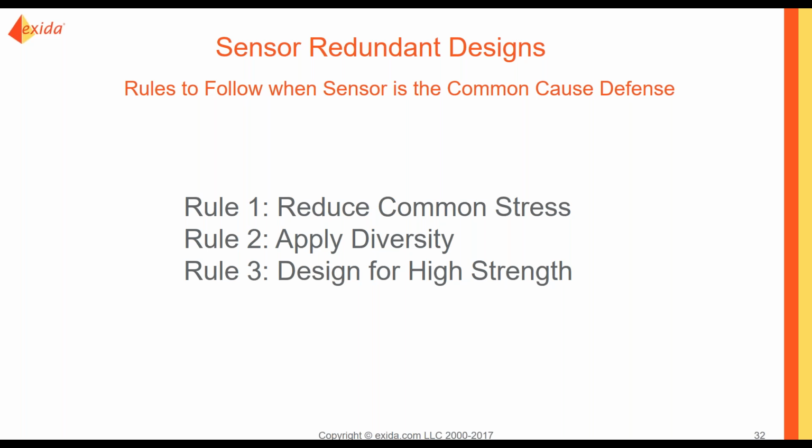And then the final rule of trying to improve common cause is design for high strength. So sensors with rugged high strength designs are more likely to resist a stress event that might fail multiple units.